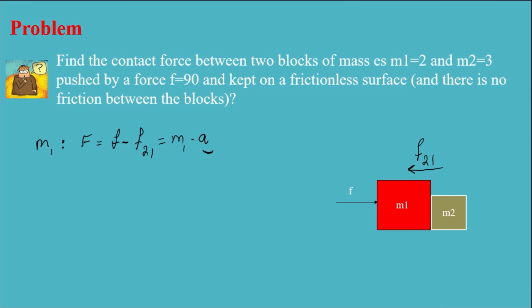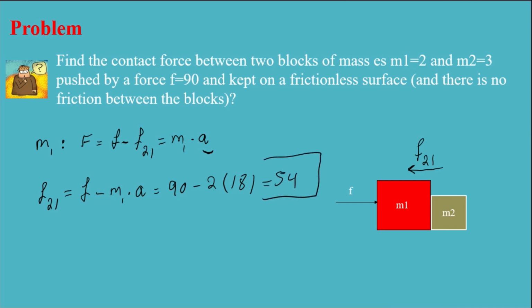There is no internal acceleration. Now let's calculate F21. My F21 is going to be equal to F minus m1 times a, right? So my F here is 90, my mass m1 is 2, times acceleration 18. So the answer is 54.